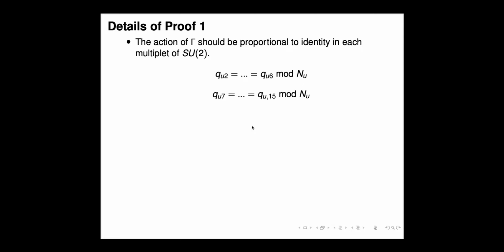And the latter 9 elements should also be identical, because gamma should act as identity within each SU2 multiplet.